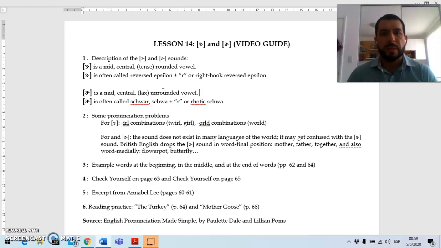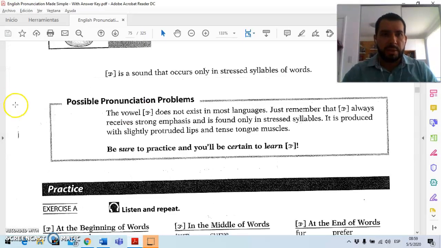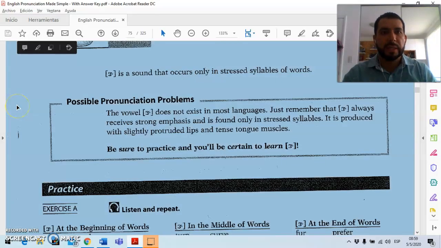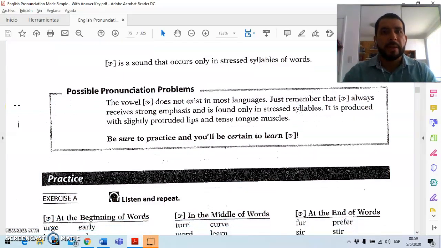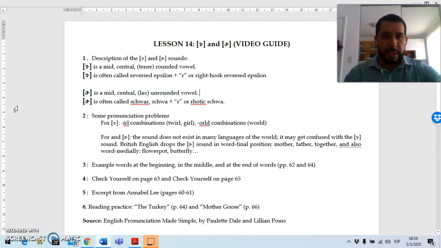For the schwa R, or the mid-central lax unrounded vowel, for that sound, the problem is that a lot of people confuse it with the mid-central tense rounded vowel, and that is a problem because they end up producing a totally different sound. Another problem here is that in British English, in most varieties of the English spoken in the United Kingdom, the unstressed one is dropped at the end of words.